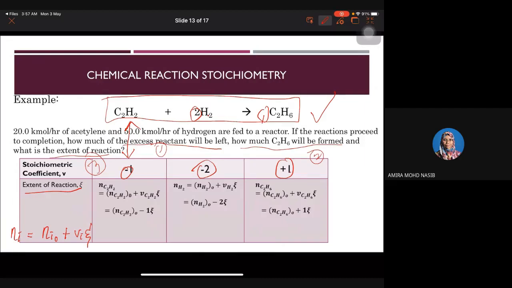Since we are talking about C2H2, I replace it with C2H2. The coefficient is -1, so I minus 1 times E. Same goes for hydrogen, directly substitute your stoichiometric coefficient with -2, and for the product this one is positive.